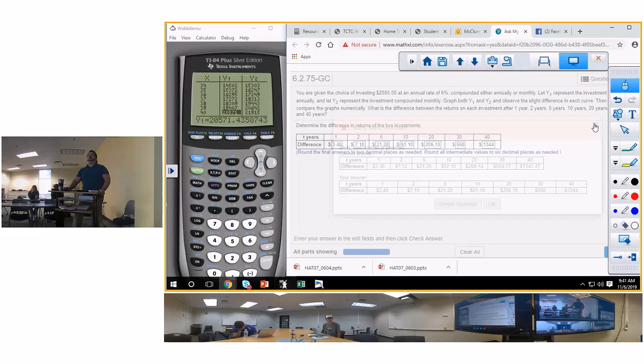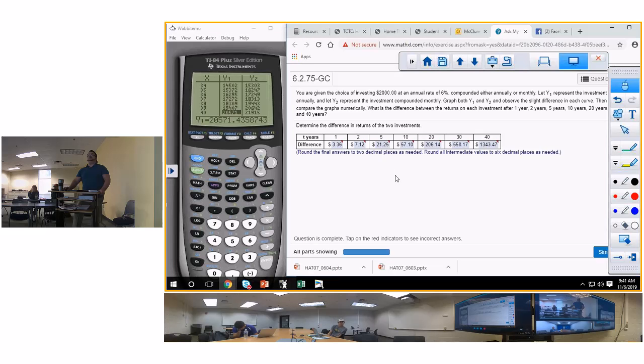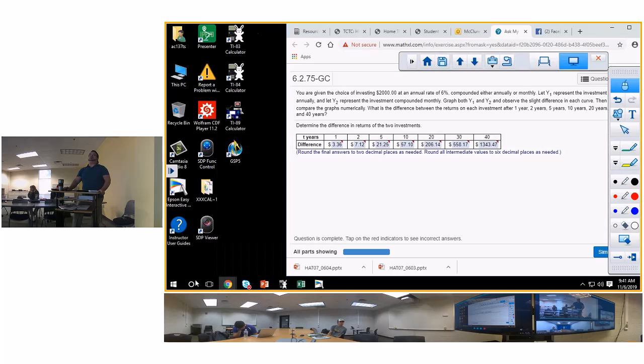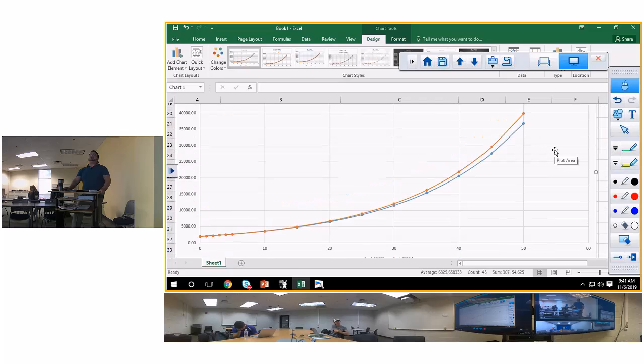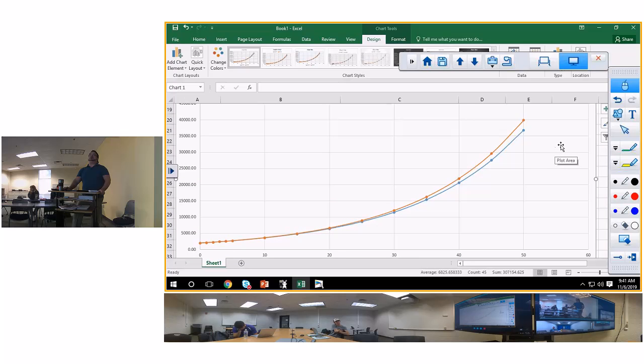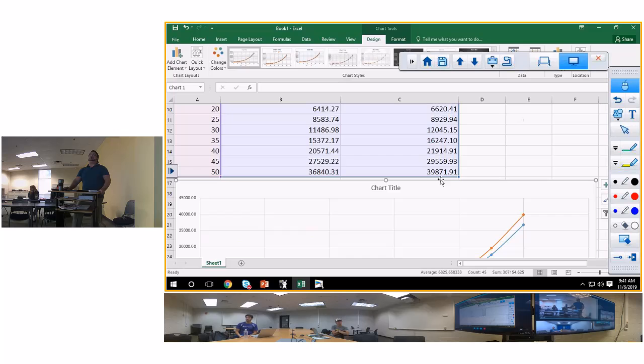Yes. Now, a good thing to do, look at here. I did it on the Excel spreadsheet. And to me, it's a whole lot cleaner because look at the graph it gives you. See, I like the graphing a whole lot better on the Excel spreadsheet. And as you can see, after 50 years, you're talking a major difference.